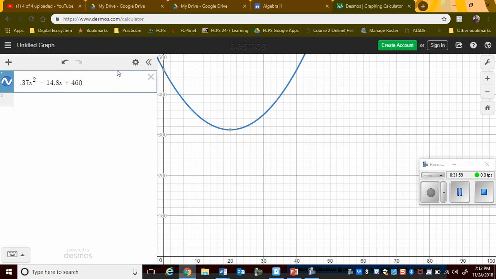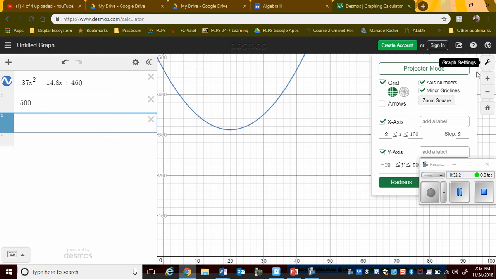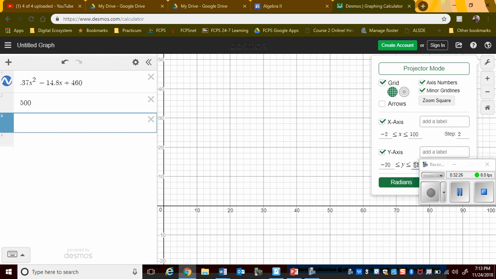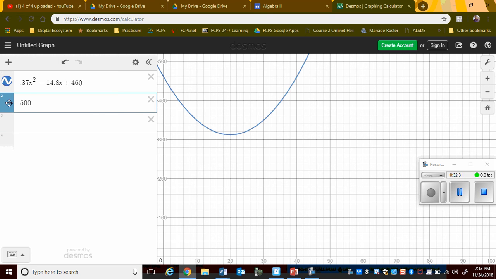Another way we could do that, we could add y equals 500. We want to know what x is when y equals 500. So I'm just going to type 500, and it should draw the curve. Then I'm going to make my graph a little bit bigger so I can capture the intersection. My second graph, y equals 500, is right about here.